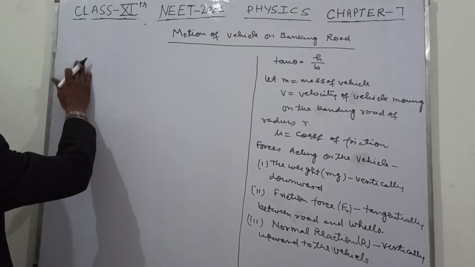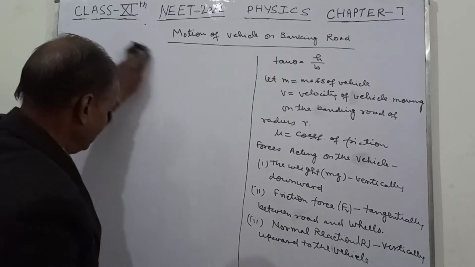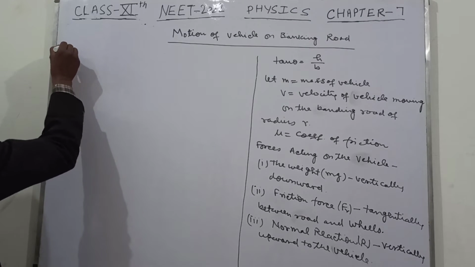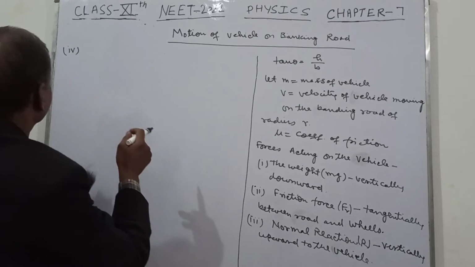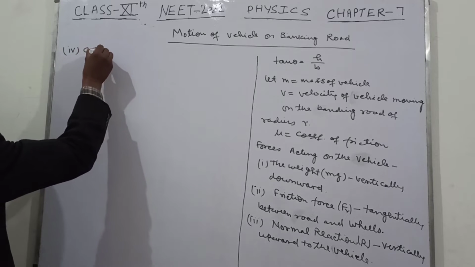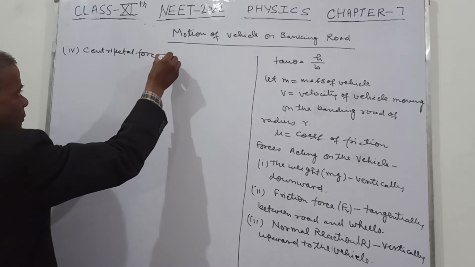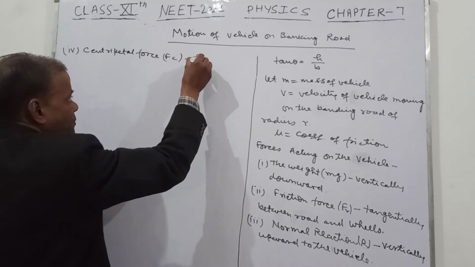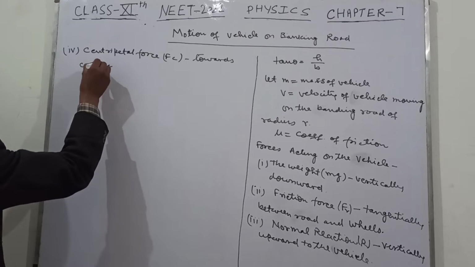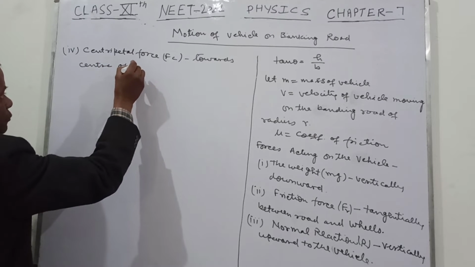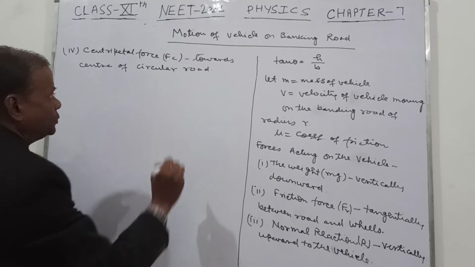And number 4, centripetal force Fc towards the center of the circular road.